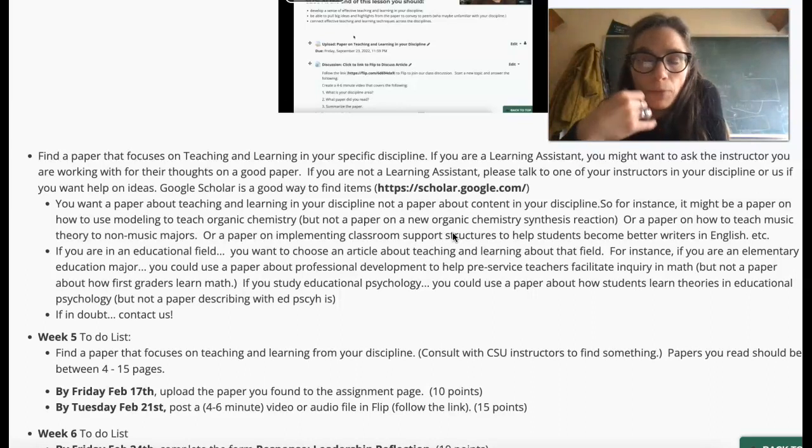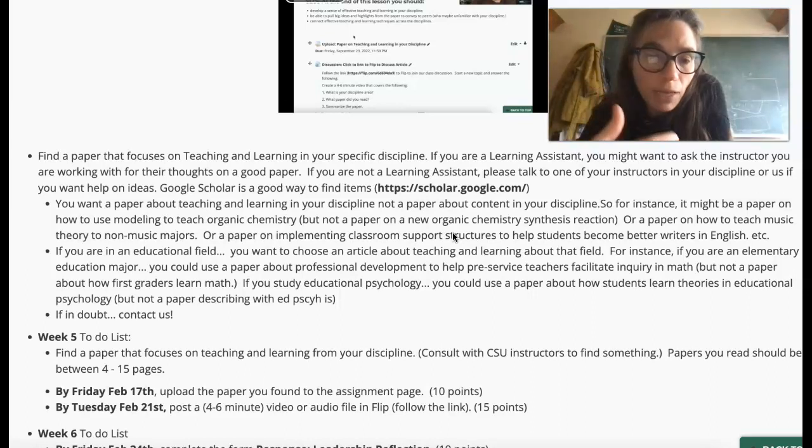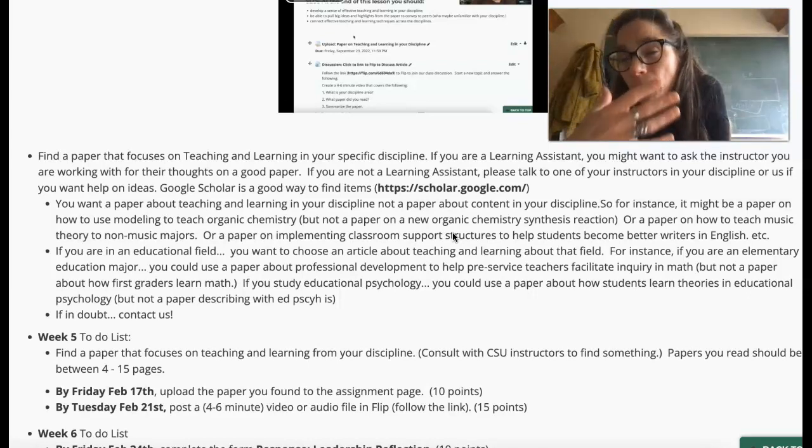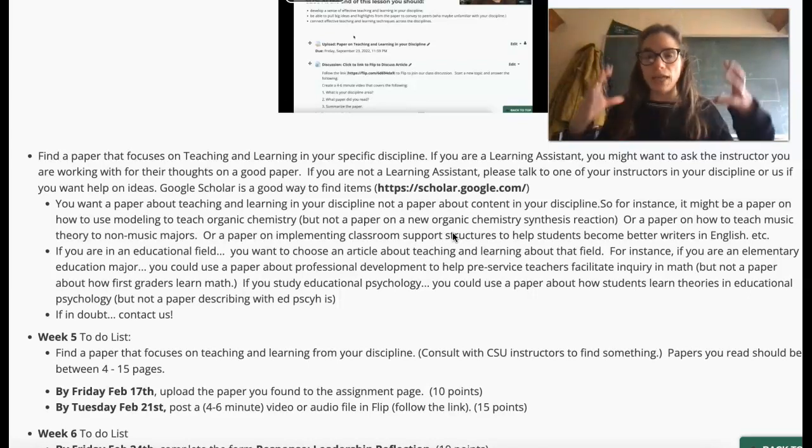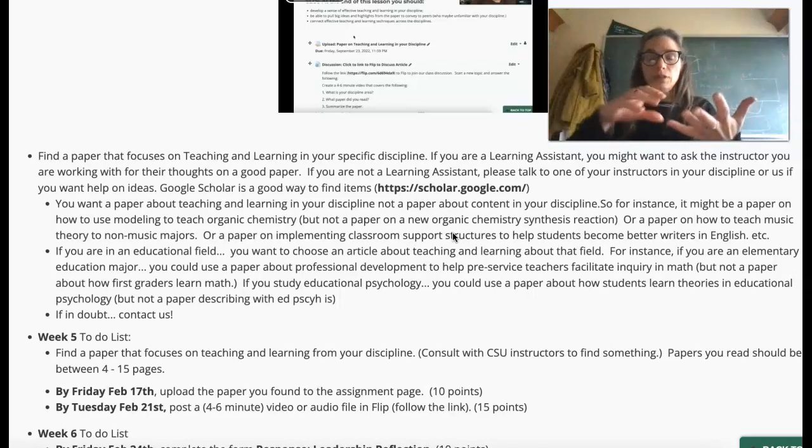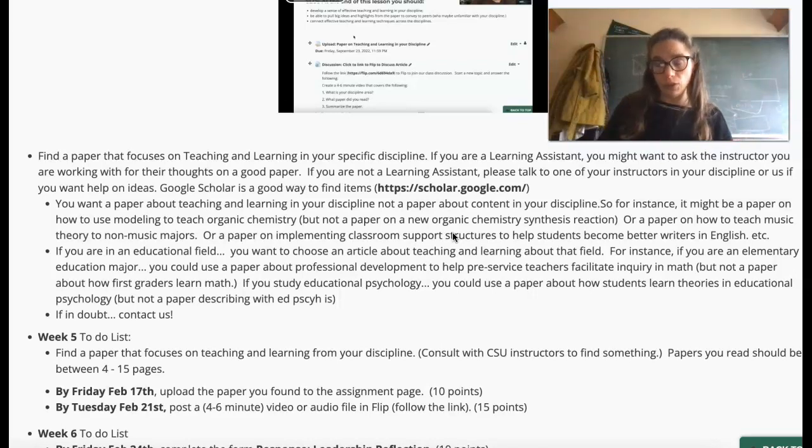Or it might be a paper on how to teach music theory to non-majors, or how to implement classroom support structures to help students become better writers in English. So we're looking at a specific discipline, chemistry, music, English, but we're looking at the ways that we can use different types of curriculum, different types of pedagogical practices in the classroom to support the learning of that specific discipline.